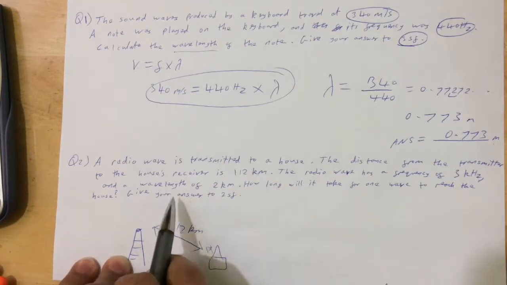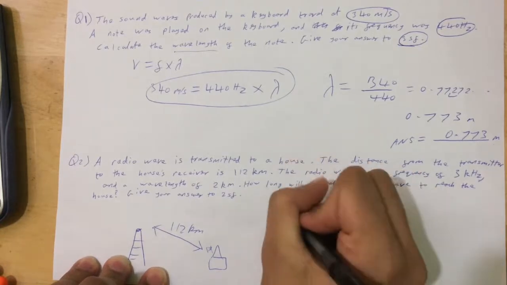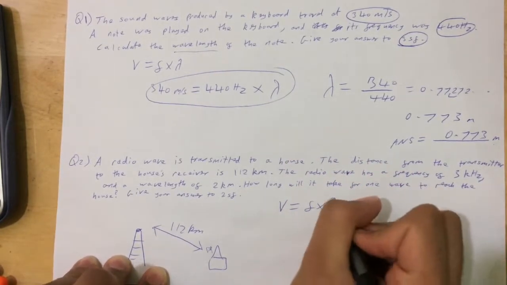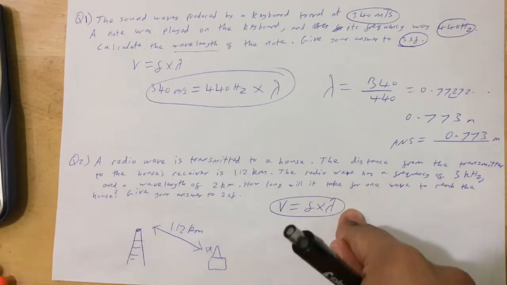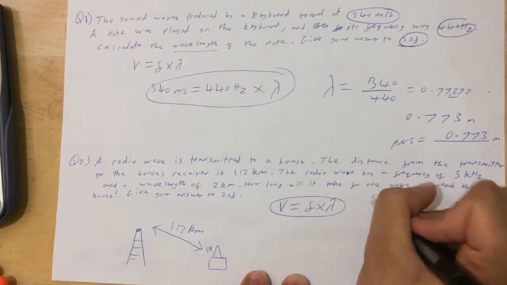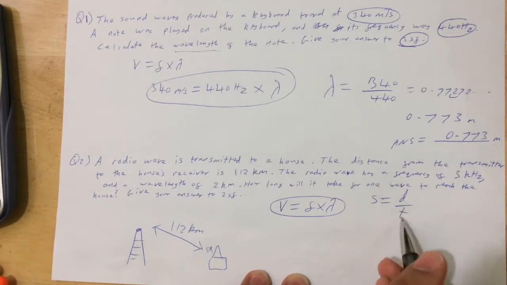So what's it asking for? It's asking for a time. How long? Well, the only equation we can use is v equals f lambda. That's the initial equation. V is wave speed. How do we calculate wave speed? The equation you should know is speed equals distance over time.